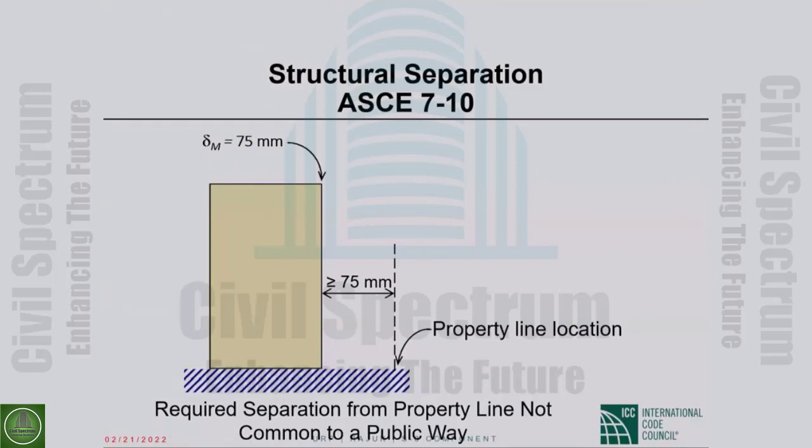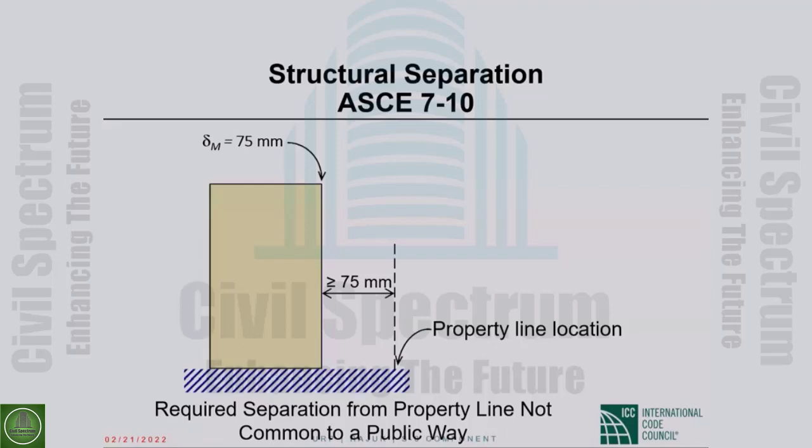So when the two buildings are on the same property, we are allowing a gap of 125 millimeters. When the buildings adjoining belong to different owners, we insist on a gap of 225 millimeters. Is that logical?